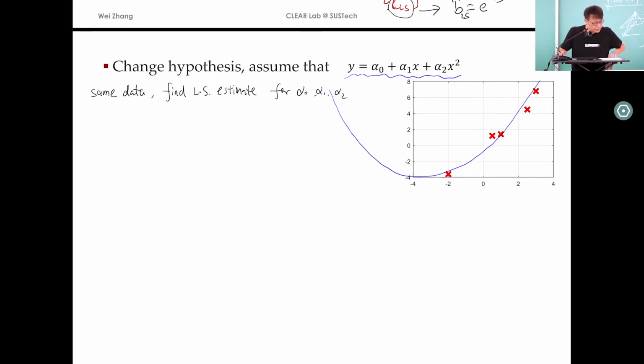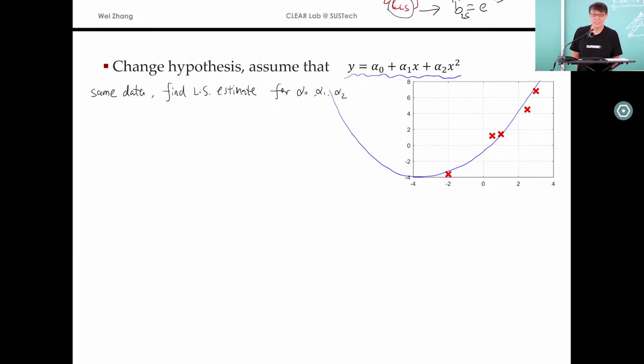How to do this? Is this a least square problem? You think this is least square? Yes, why? It's hard to see now, right?